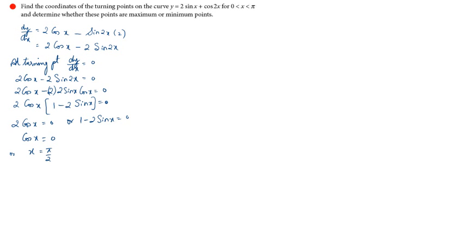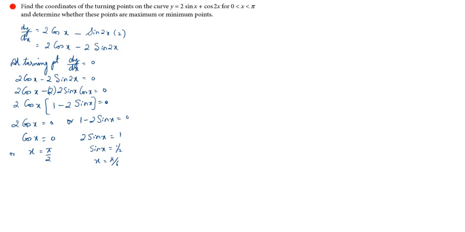Now here 2 sin x is equal to 1. So sin x is equal to 1 upon 2. We know for what value of x sin x is half. So it is sine 30 or pi by 6. So we will write in radians. So x is equal to pi by 6.